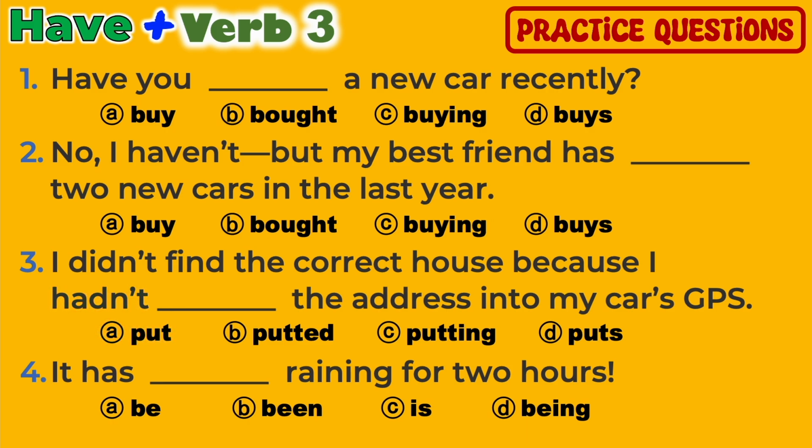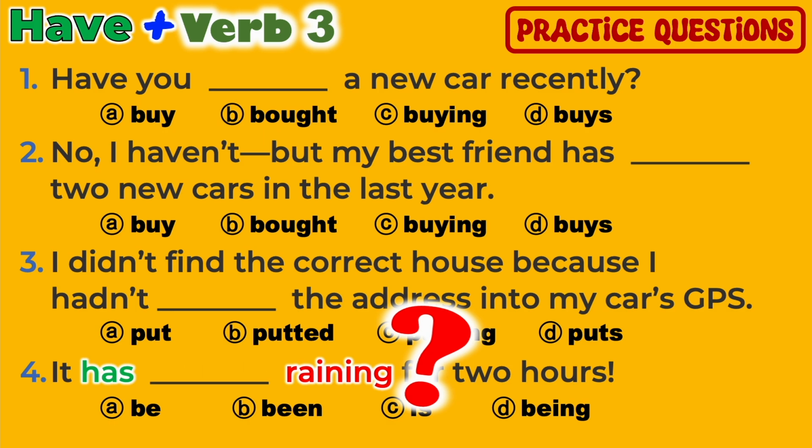Let's move forward here. It has raining for 2 hours. All right, what's our helping verb? Of course, our helping verb is has. But I notice we also have the word raining here. Looks like a verb 4 to me, an ing. Does this change our answer in any way? No, it doesn't.